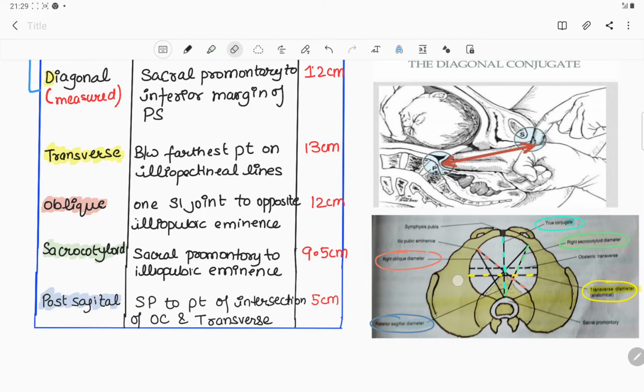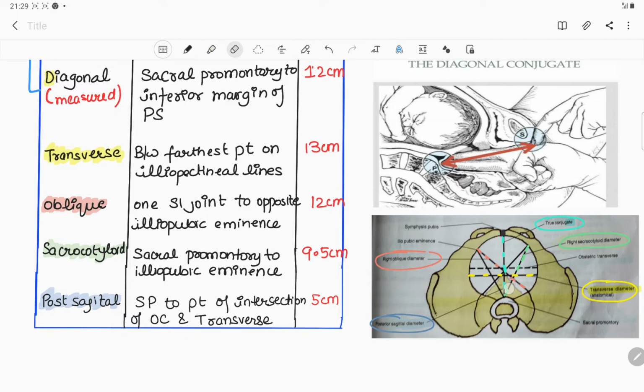Okay. Then, what is the transverse diameter of the inlet? It lies between the farthest points on the iliopectineal lines, measuring about 13 cm. Then the oblique diameter extends from one sacroiliac joint to the opposite iliopubic eminence, measuring about 12 cm.